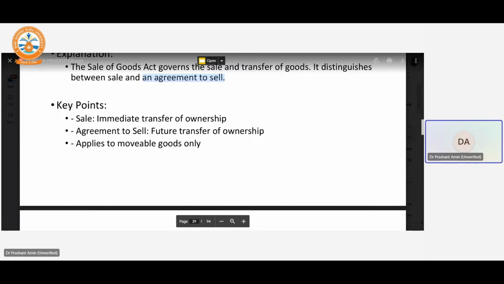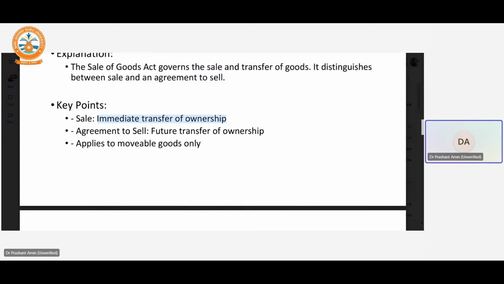Once he agrees, there is an agreement to sell, and then the sale will happen. In the same way, the Sale of Goods Act is about sale and agreement to sell. A sale means an immediate transfer of ownership. Ownership and possession are two different things.